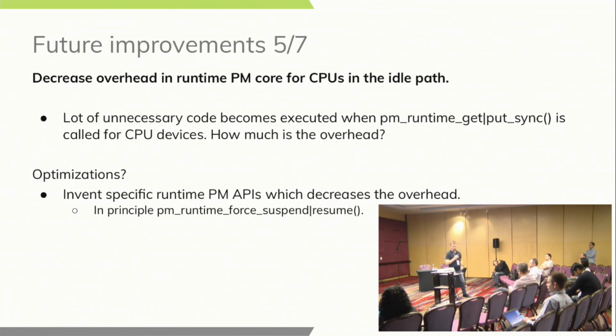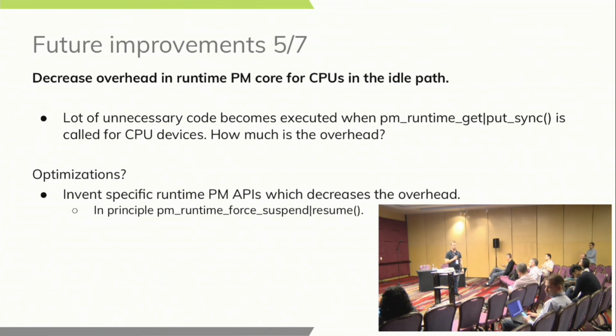Besides the ktime_get in the runtime PM core, there's a lot of code being executed there. It's code that's needed, of course, for general devices. But as I said before, CPU devices are quite special in this regard. The only thing we actually need is the reference counting and invoking these callbacks.